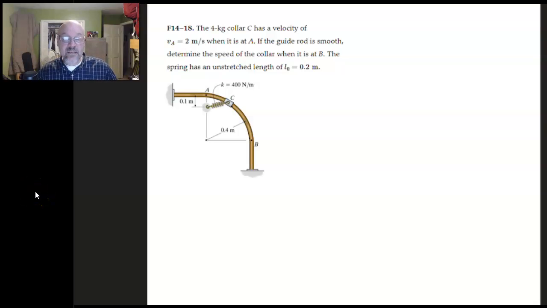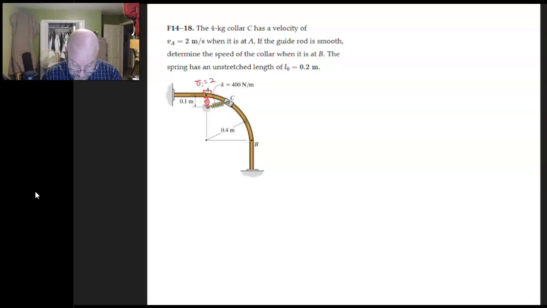All right, in the second video, we got a kind of strange situation. There's a collar and it can slide, but it's attached to a spring. Now, the initial condition has the spring up here like this, and then the collar is here, and that initial speed is 2.